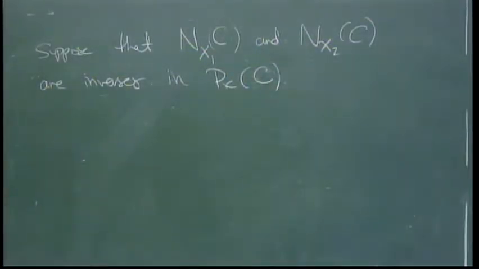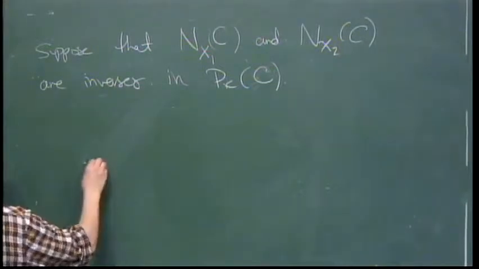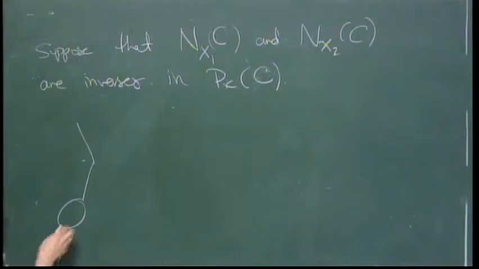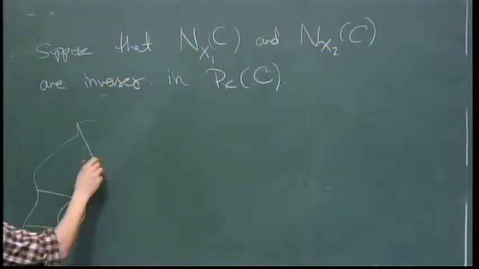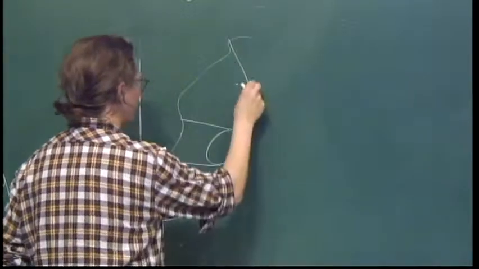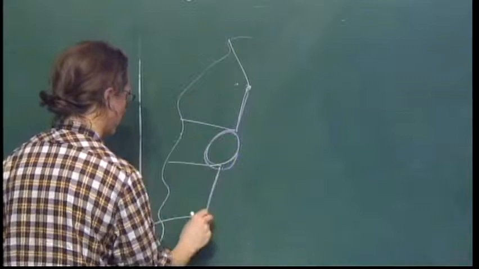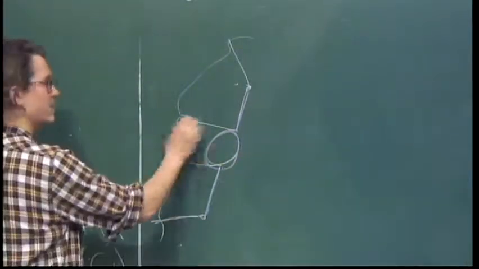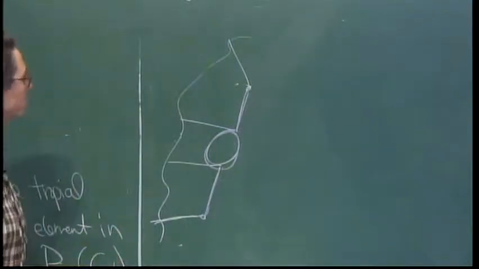Okay, so what does something like this look like? Well, I can't draw a very good picture, but a neighborhood of the curve in the surface might look something like this, where this is my curve on the boundary. These are some other boundary curves that touch it, and maybe this is some part of the interior of the surface.